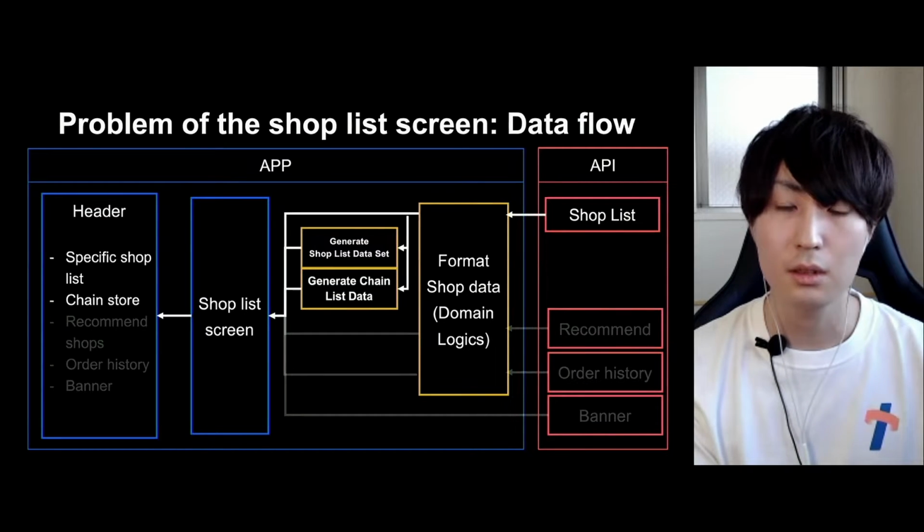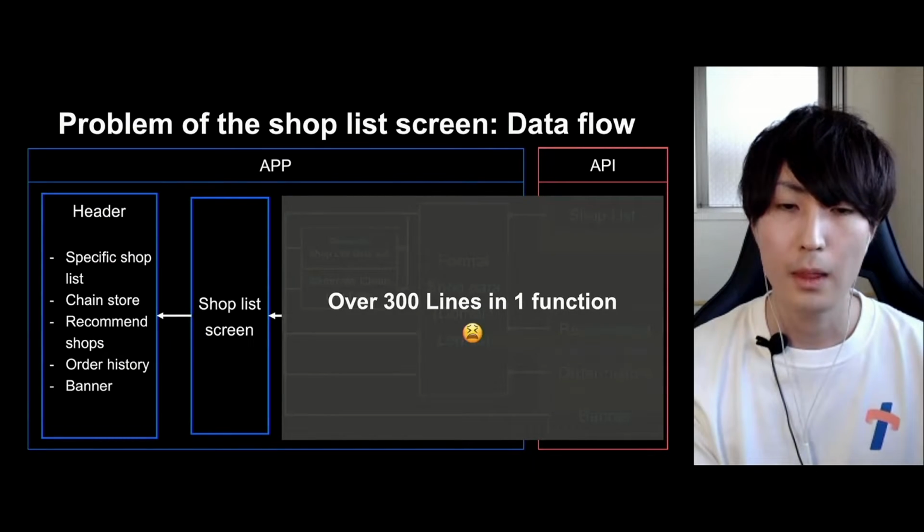The values needed to generate this data are defined as constants in the application and extracted from the full data. So that's the main flow.